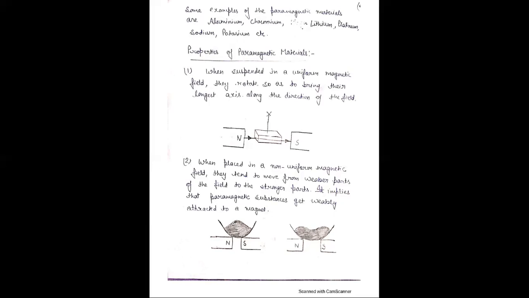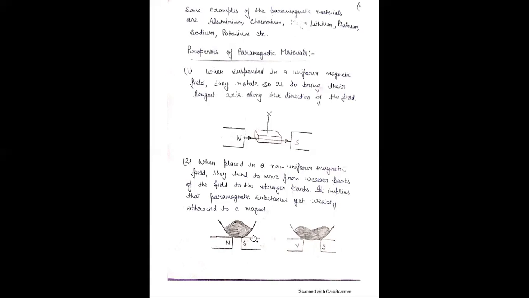For example, consider a paramagnetic liquid put in a watch glass, placed on two pole pieces of an electromagnet held close to each other. As the current is switched on, the liquid level acquires this type of shape, because at the center there is the strongest field, and these materials have a tendency to move from weaker to stronger field.